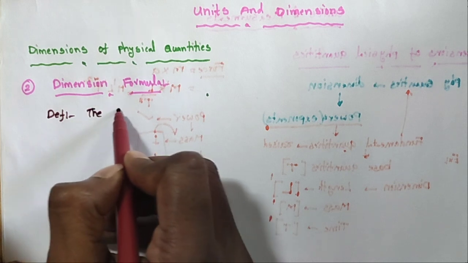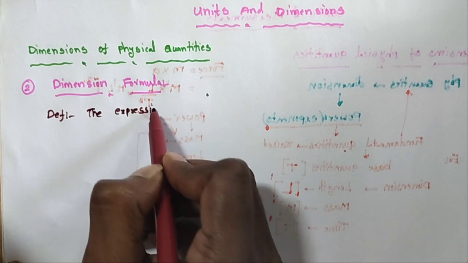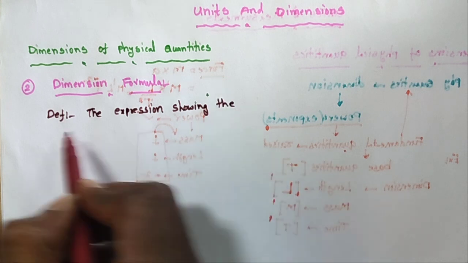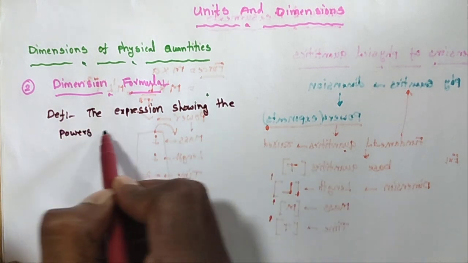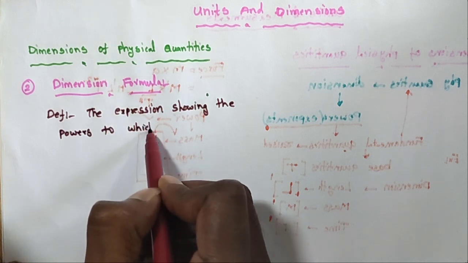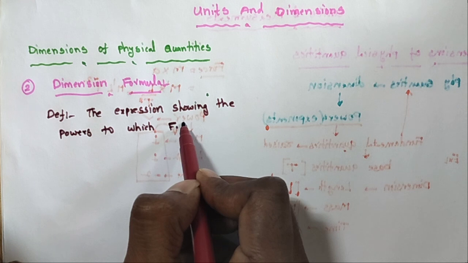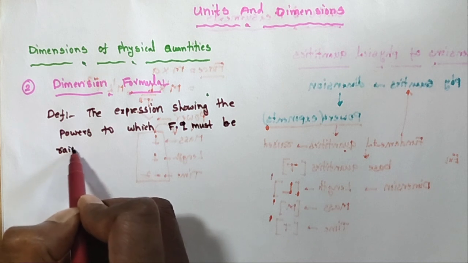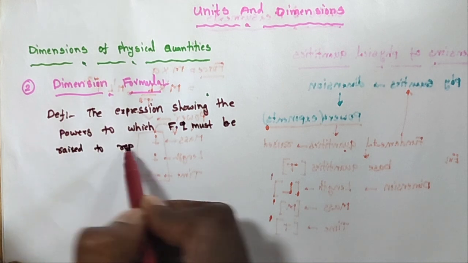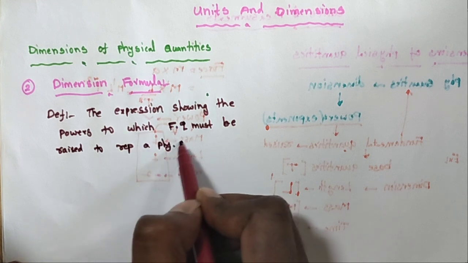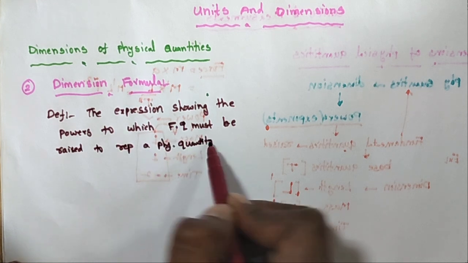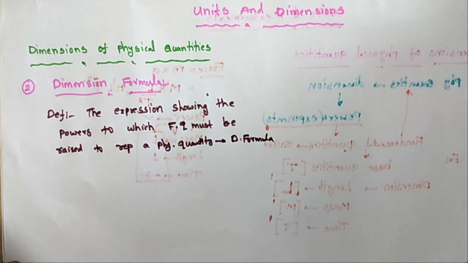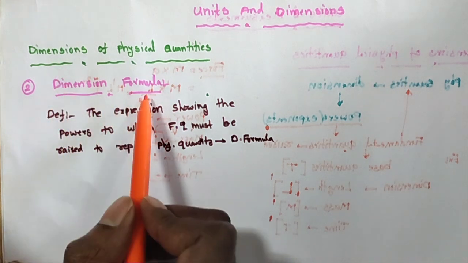The expression showing the powers to which fundamental quantities must be raised to represent a physical quantity is called dimensional formula.